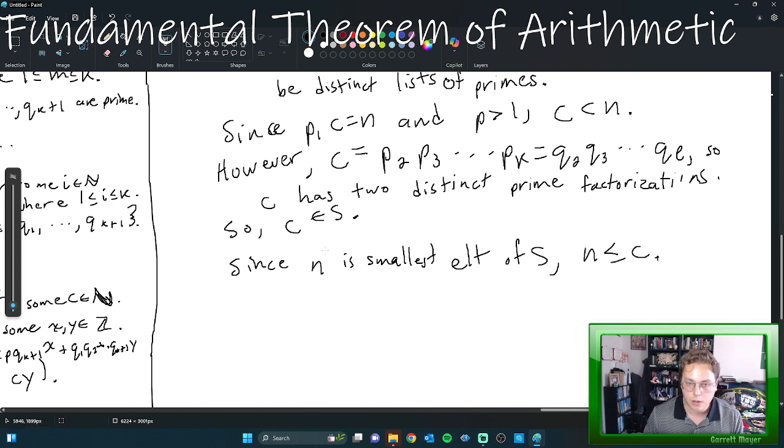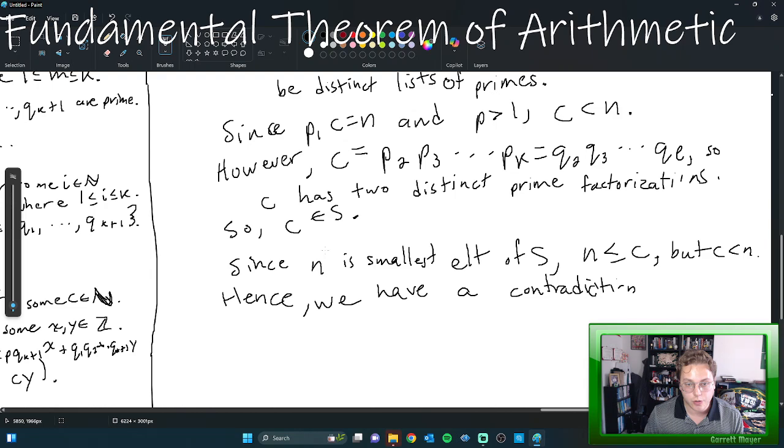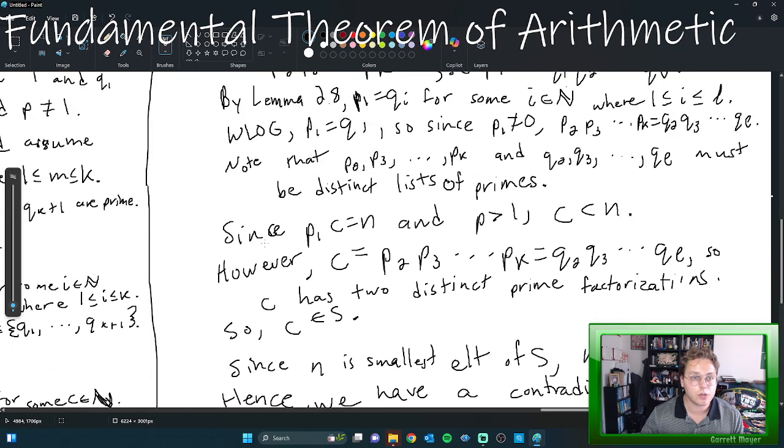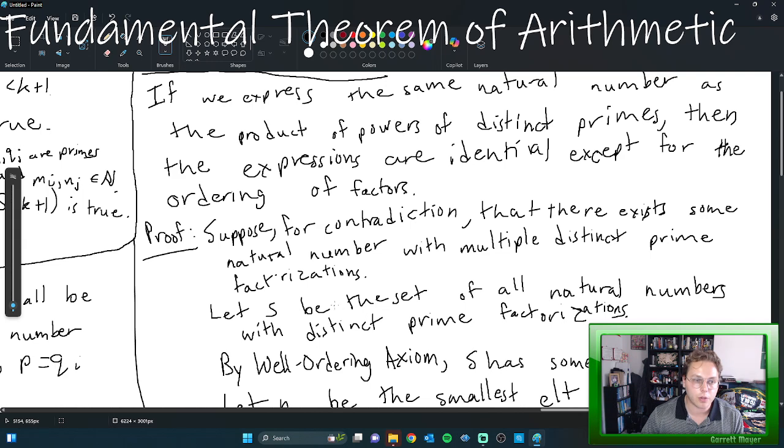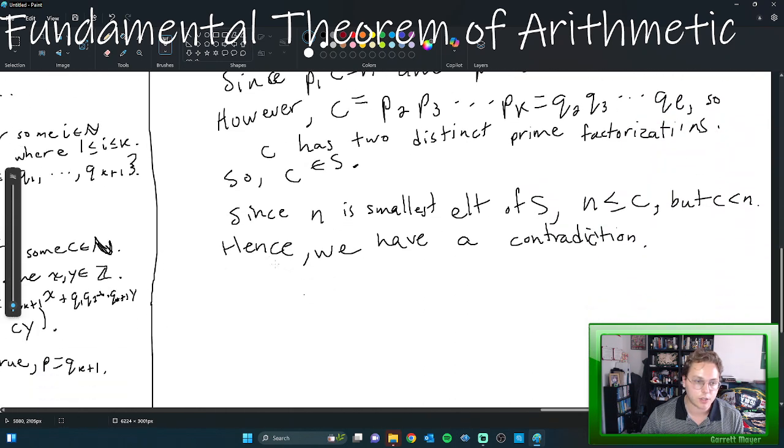But c must be less than n. Hence, we have a contradiction. And now remember what we supposed for the sake of contradiction. We supposed that there exists some natural number with multiple distinct prime factorizations.